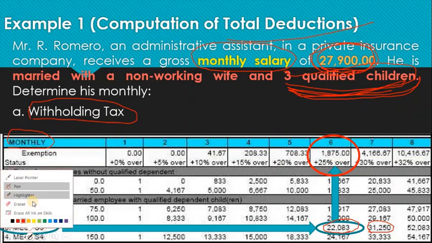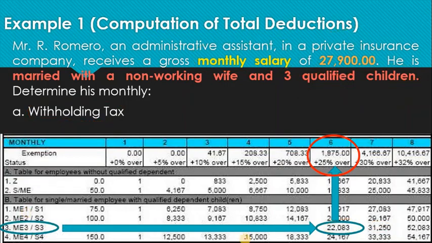But before that, let me erase this one. Very good. Okay, so afterwards, you copy 1,875 and over. Again, that is over the actual salary, which is 27,900. And what did you base that one on? I based that one down here, 22,083. That's the over. So you have to find the difference of the two.